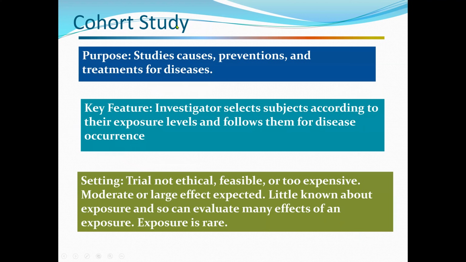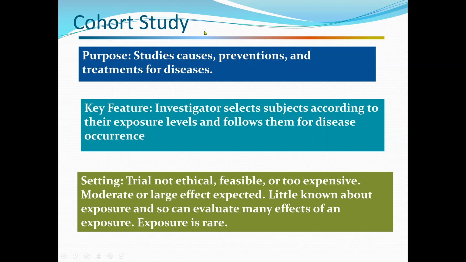Now with the cohort study, a cohort study is an observational study, and we have two major types. We have the prospective cohort study, which means we have the participants now and we monitor them into the future to see if they may have the problem, the outcome, the exposure and the outcome.